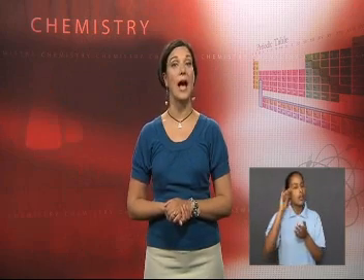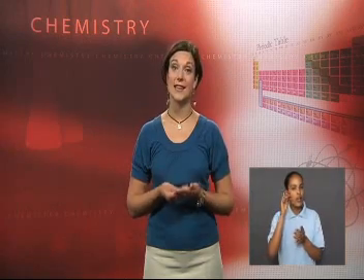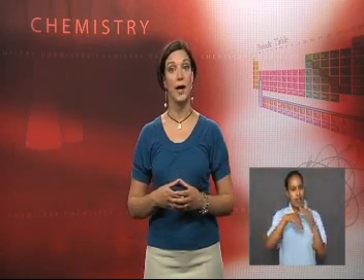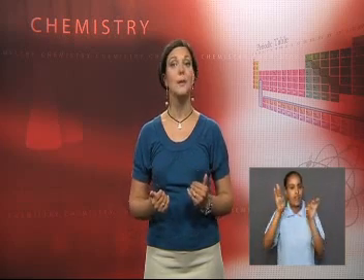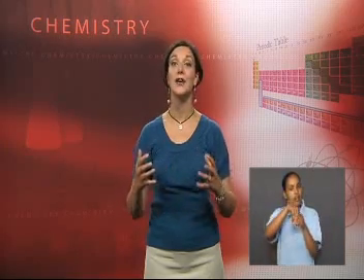In today's lesson, we learned about the Aufbau principle. We learned that according to this principle, electrons generally occupy the lowest energy orbital available before entering the higher energy orbitals.